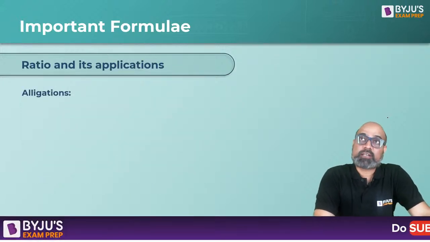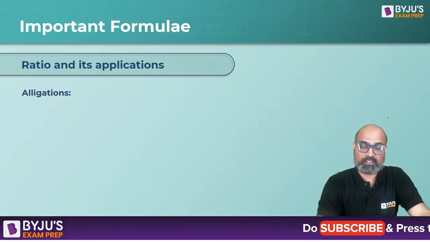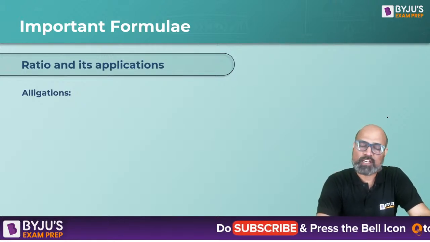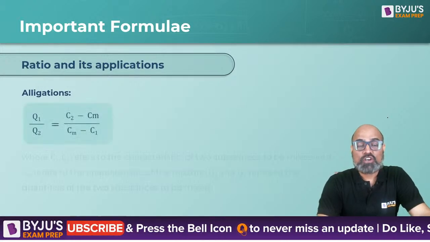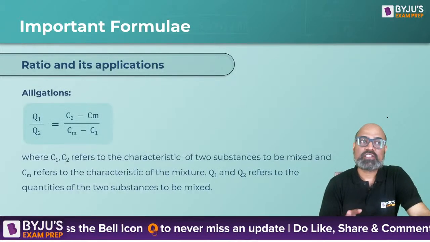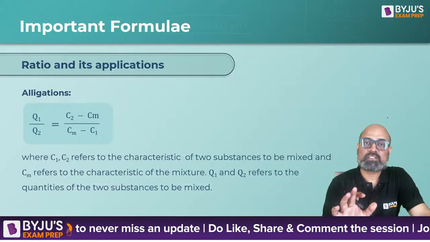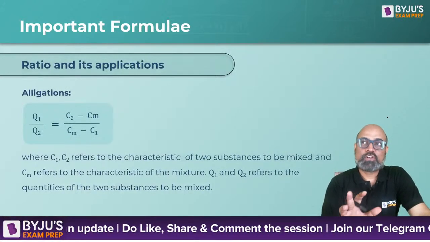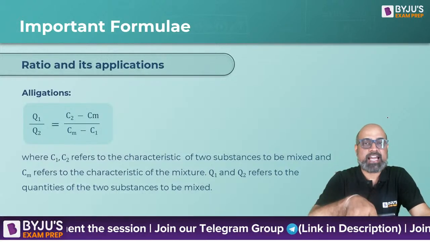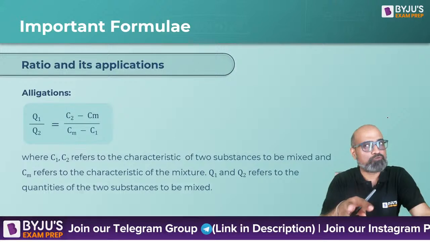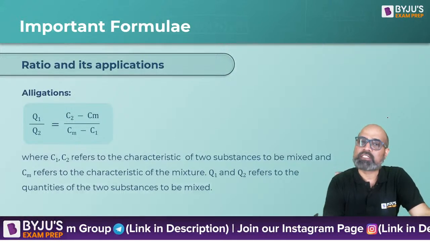Alligations. Now this is something again we face in mixture solutions. We come across a lot of questions which are based on mixtures and alligations, right? So what is alligation? Alligation is just a smart method to solve when you have 2 values, 2 frequencies and the average, and 1 or 2 out of those 5 are missing in a question.